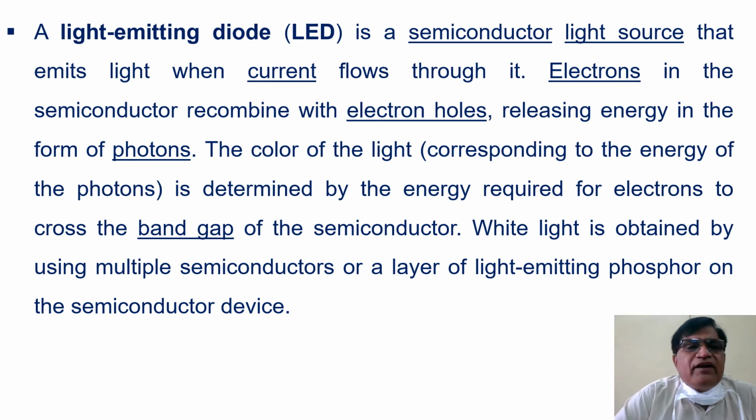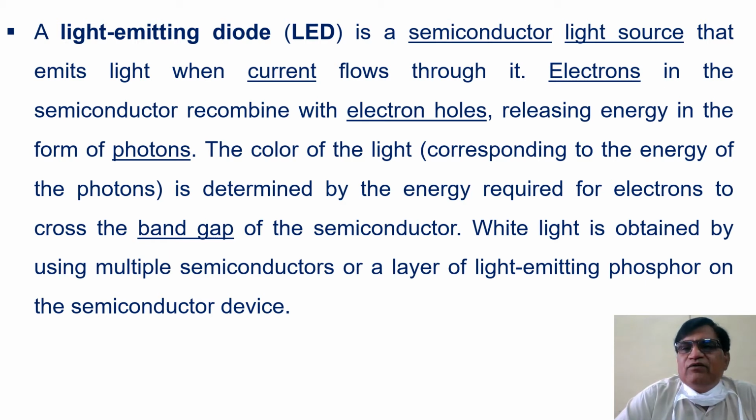Now we concentrate upon the emission of light in light emitting diodes. The basic use of light emitting diodes is as indicators in various electronic appliances. We usually confuse an LED with a laser torch indicator. That laser torch indicator is something else.